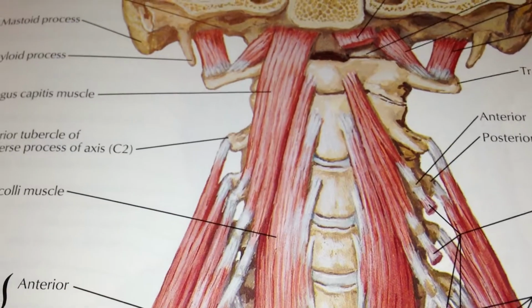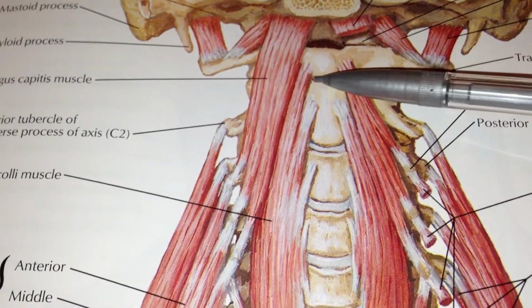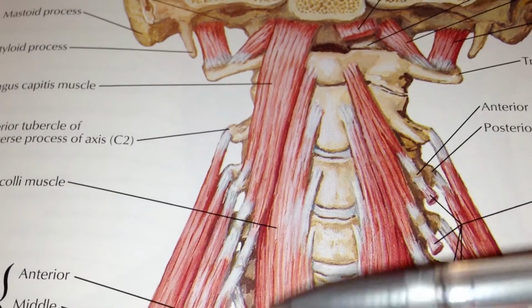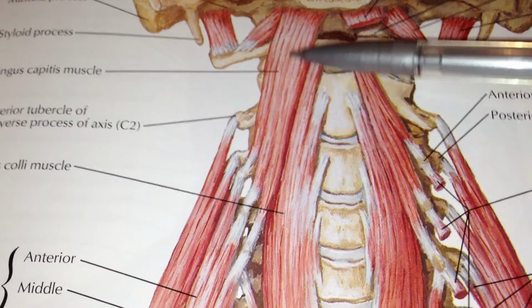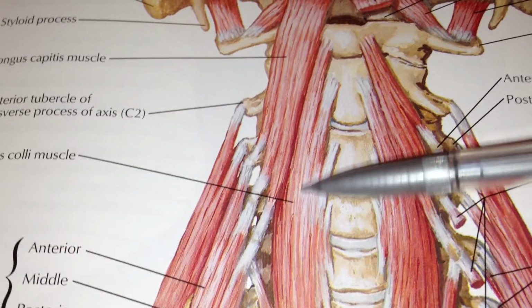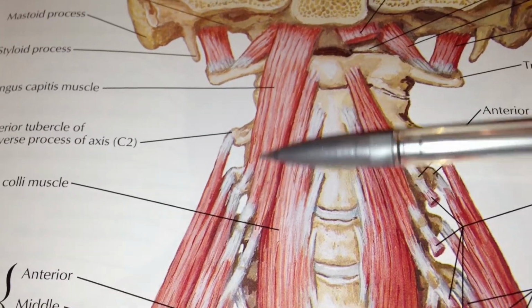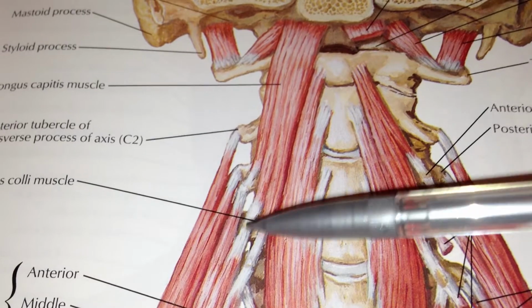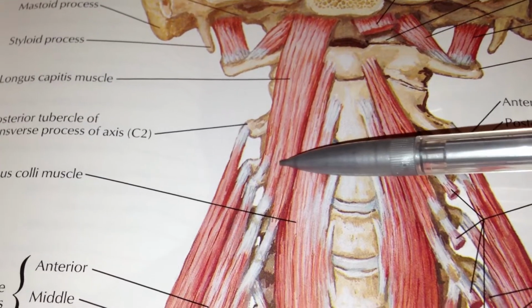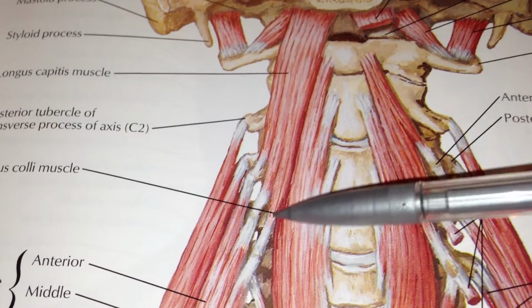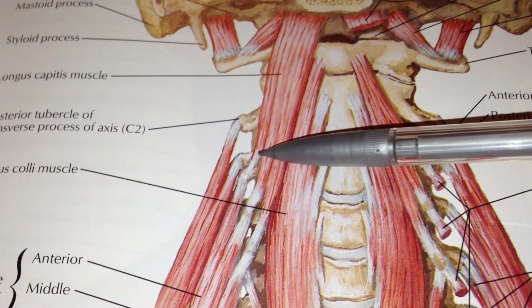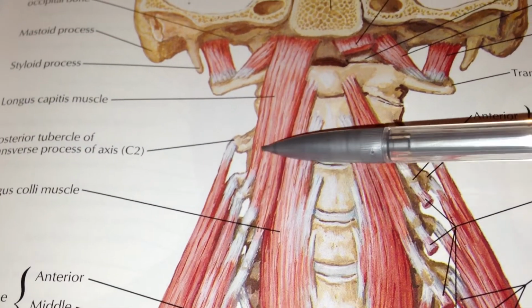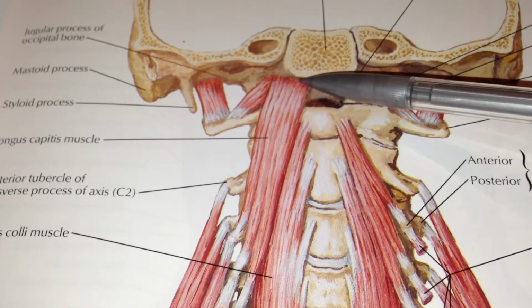Okay. Now, the second muscle of the prevertebral group will be the longus capitis. So the first one is the longus colli, and the second one will be the longus capitis. Now, the longus capitis is going to originate from the transverse processes of C6 to C3, and is going to insert onto the basilar part of the occipital bone.